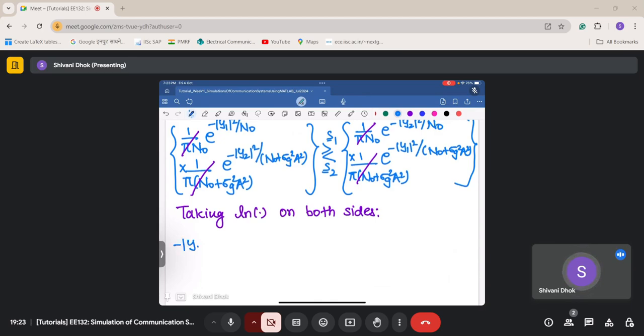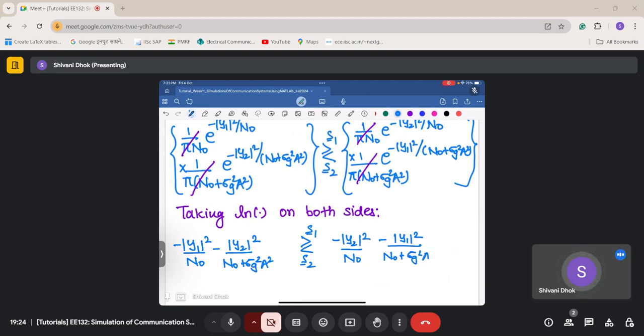So we have magnitude of y1 square by n naught minus magnitude of y2 square by n naught plus sigma g square a square. And similarly on the right hand side we'll have magnitude of y2 square by n naught minus magnitude of y1 square divided by n naught plus sigma g square a square.